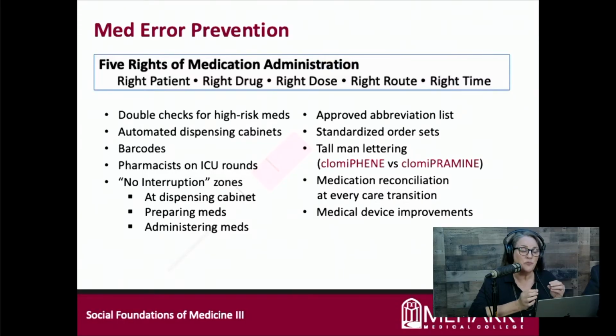There are some places who physically have a circle of tape on the floor, and if a staff member is standing within that circle, everyone else knows they are not to be interrupted, because that is often the cause of the medication error, is when someone is distracted.